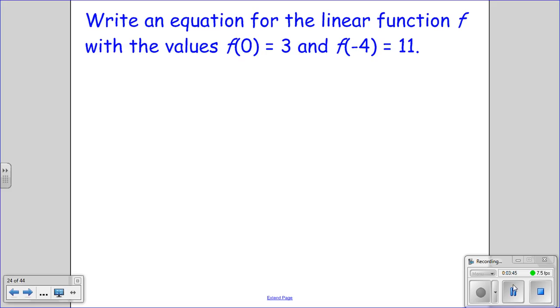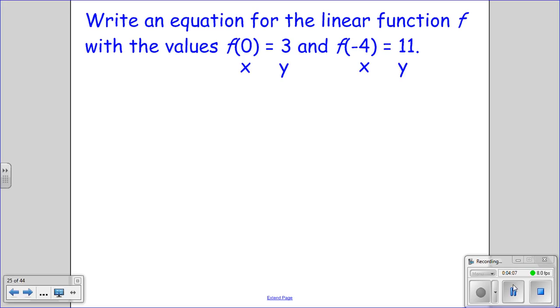When we write an equation for a linear function f and we're given values in function notation, we need to write the equation in function notation as well. We should know that the x is inside the parentheses and the y is the other number, so we would have f of x equals y.